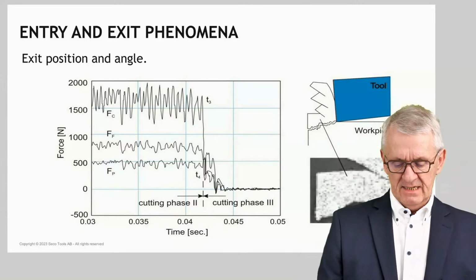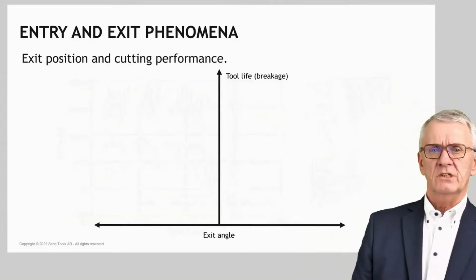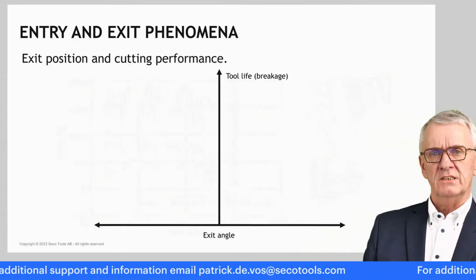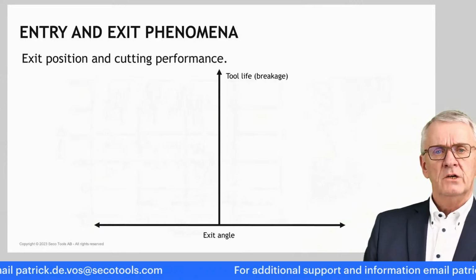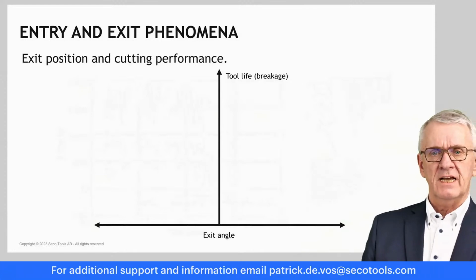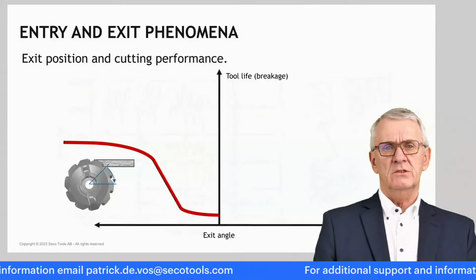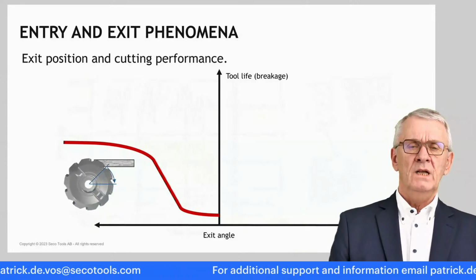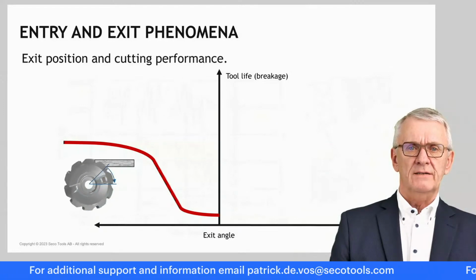And that is something to worry about, because if we look at reality, what you see here, and I try to visualize it, the vertical line represents tool life. The horizontal line represents exit angles. To the left, negative exit angles. To the right, positive exit angles. Let me start with the situation up milling. The red line represents tool life.